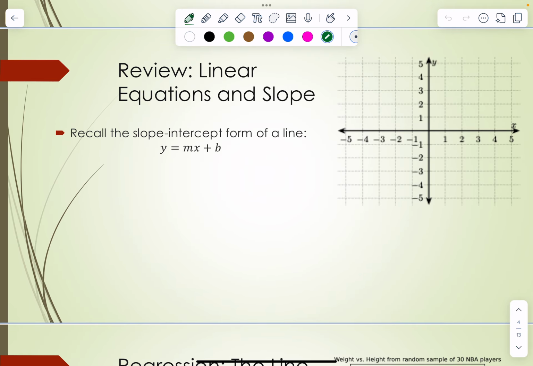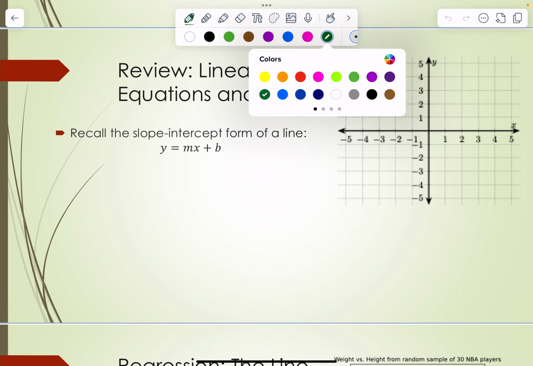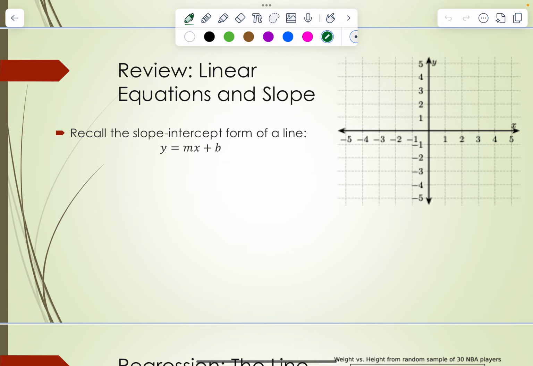Okay, so in our review, let's start with the equation for a line, which is y equals mx plus b. All right, so this should seem familiar to us. This m here is the slope of the line. This b is called the intercept.